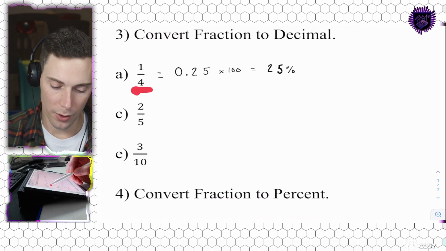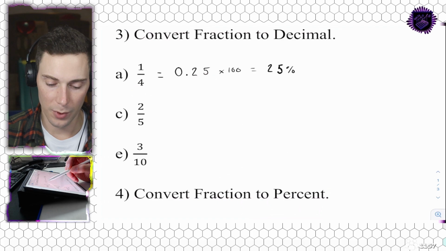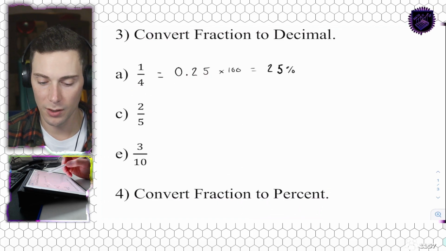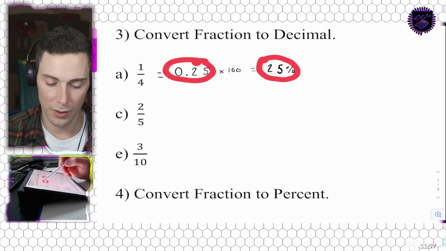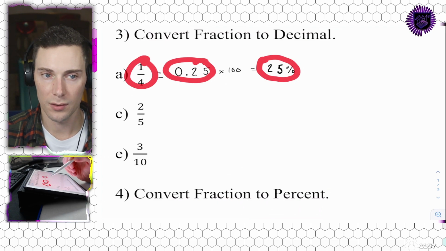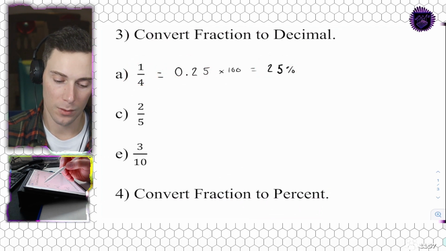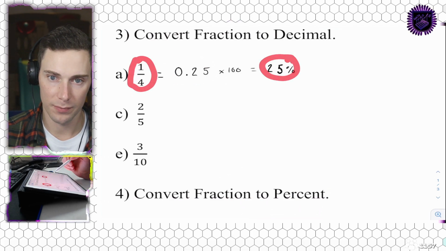So 1/4 is equal to 0.25, and then when you multiply 0.25 by 100, that's what brings us 25%. Or you can think 25%, 0.25 decimal, and 1/4 are all equivalent. So 1/4 is 25%.